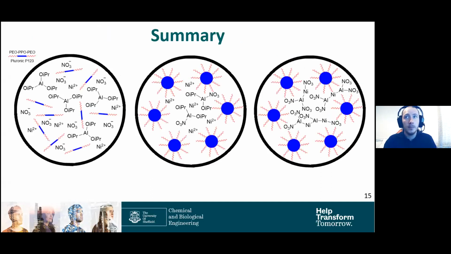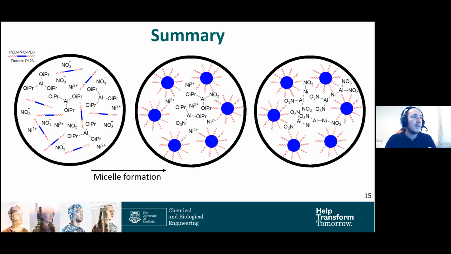So in summary, we have successfully optically trapped droplets containing each component in the solgel synthesis medium, which replicates the operando conditions for AASG, and these have been studied in Raman spectroscopy. And this technique has allowed us to validate or oppose what has been assumed about the reactivity in AASG based on bulk solgel synthesis.